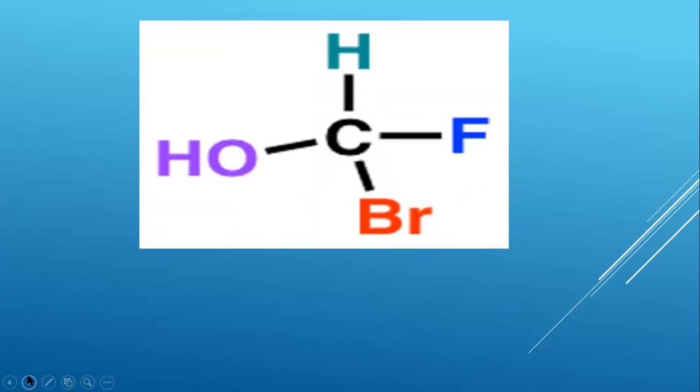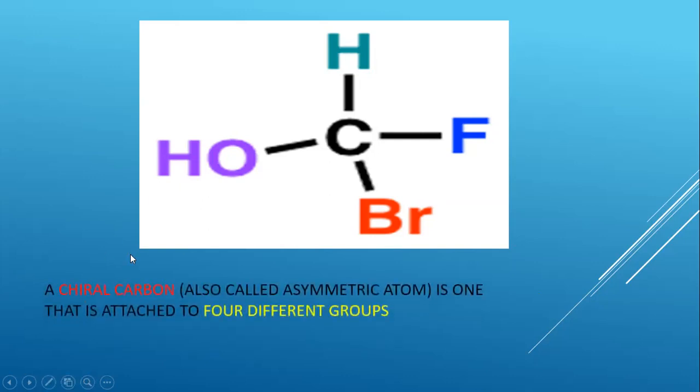Another type of isomerism, and what brings about this stereoisomerism, is the chirality of carbon. You see, this carbon is a chiral carbon. Why? Because it has 4 different groups attached to it.